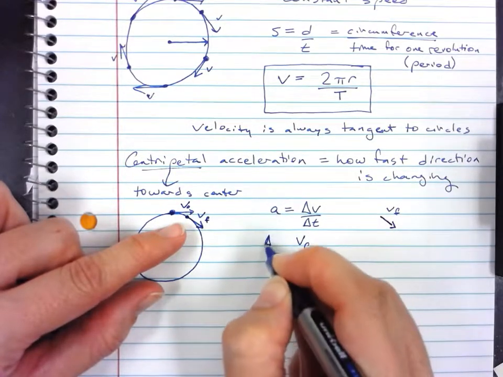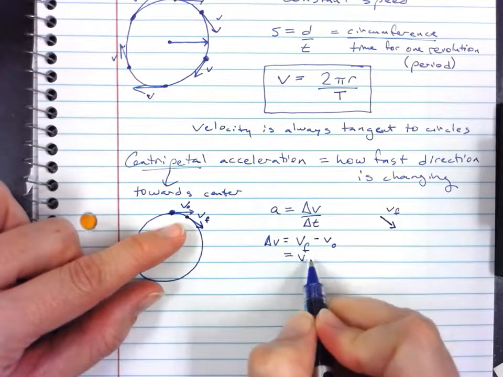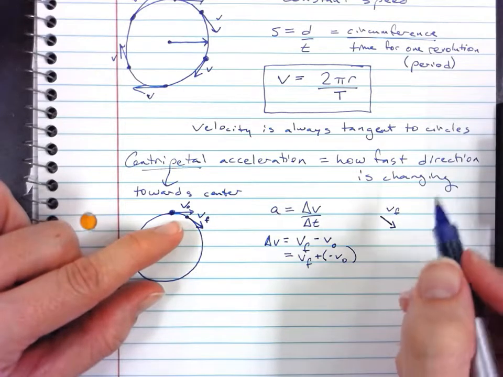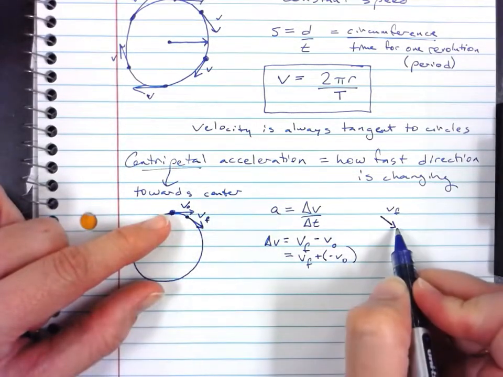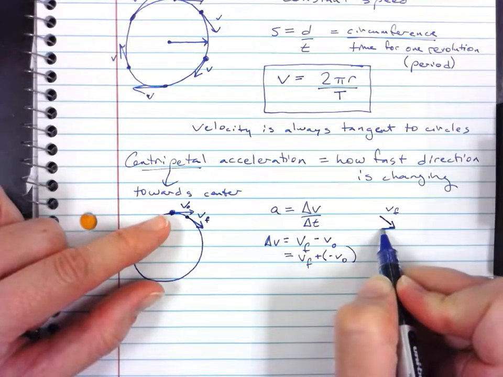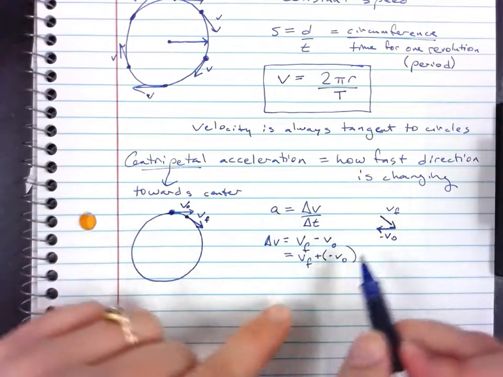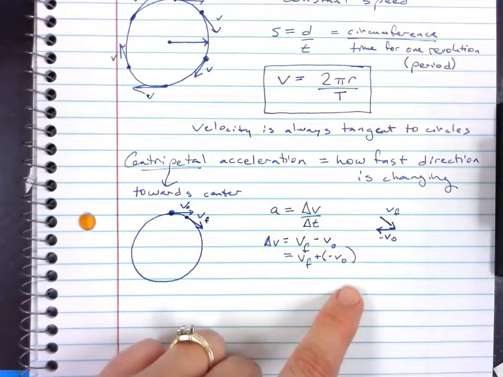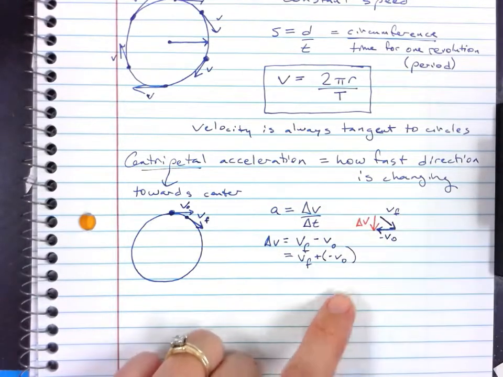And if I want to do final minus initial, that is the same as adding the opposite. So my VO points directly to the right. So I'm going to add to this pointing directly to the left, because then I'm adding the opposite direction, so I am subtracting here. And notice my shortcut, my change in velocity points straight down.